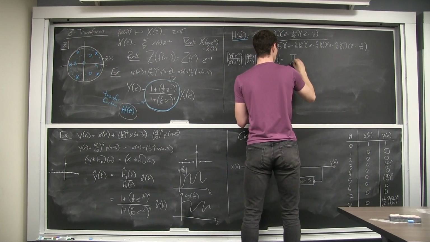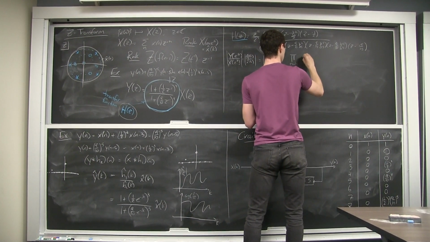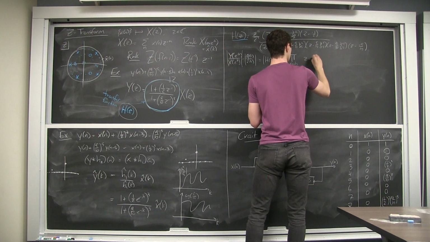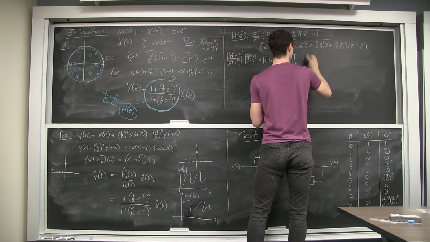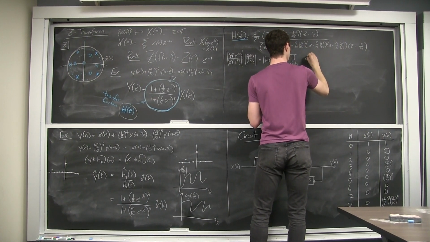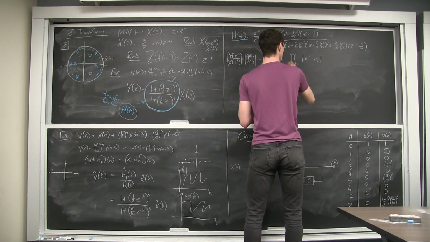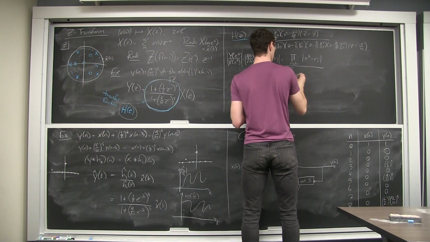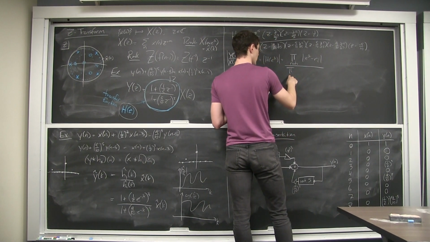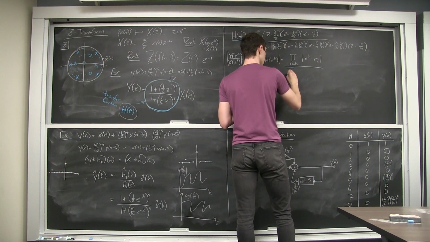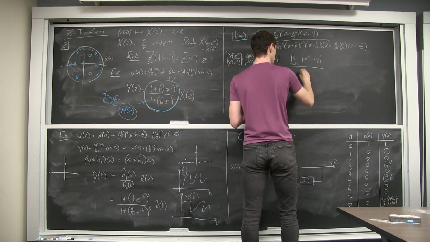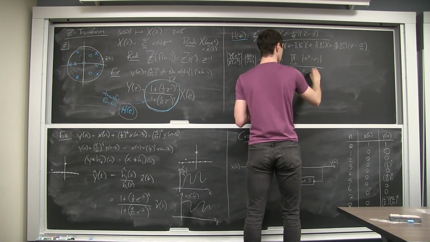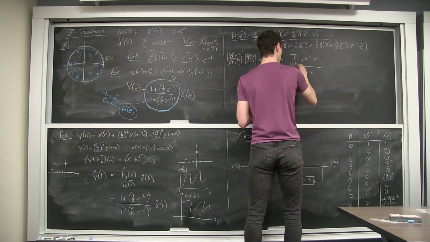We get the product over the roots of the polynomial of e to the ik minus the root, over the product of the poles, e to the ik minus pole.